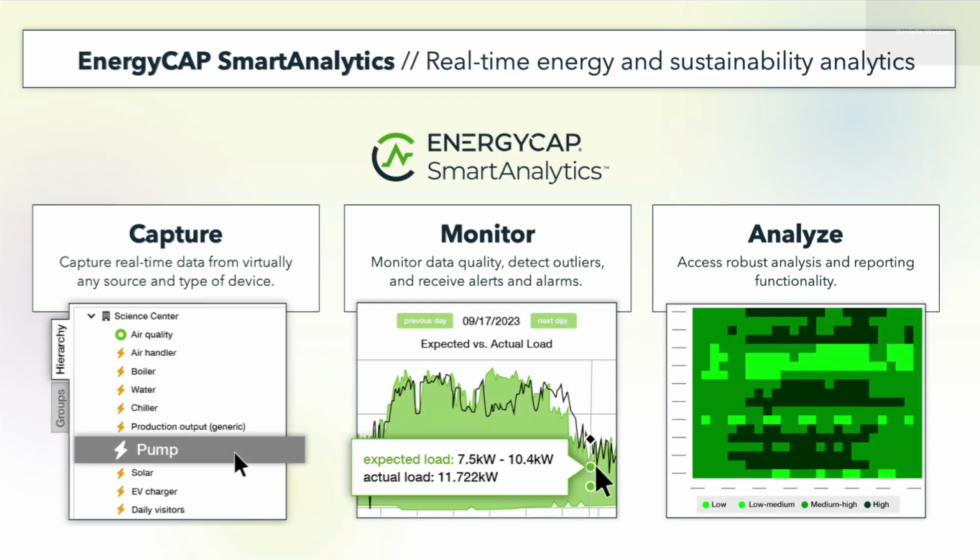dive into SmartAnalytics, and this is a nice way to put what it does: capture, monitor, analyze. First bit, and it's a bit that we're going to be focusing on today, is how to get the data into SmartAnalytics, okay? So there are multiple ways. You can drop CSV files, or also called flat files, into an FTP location.